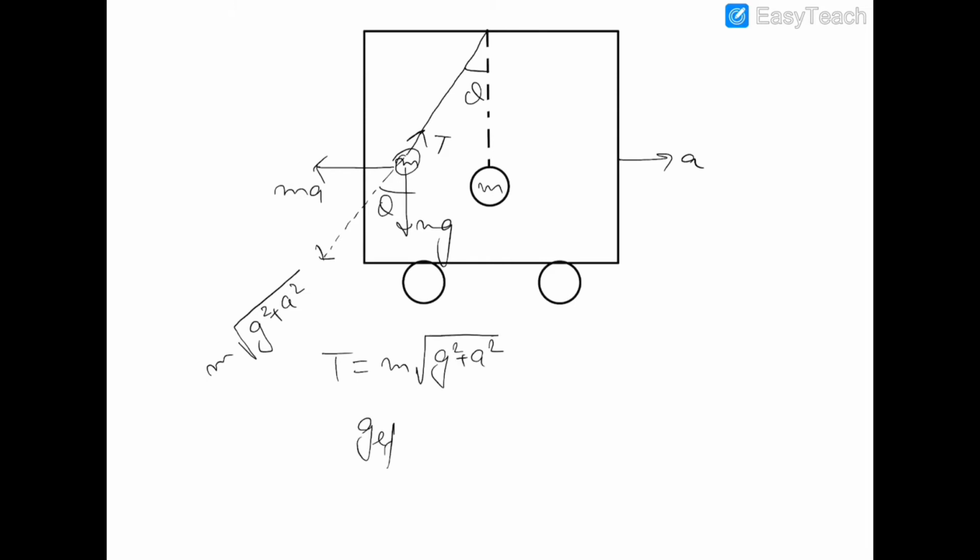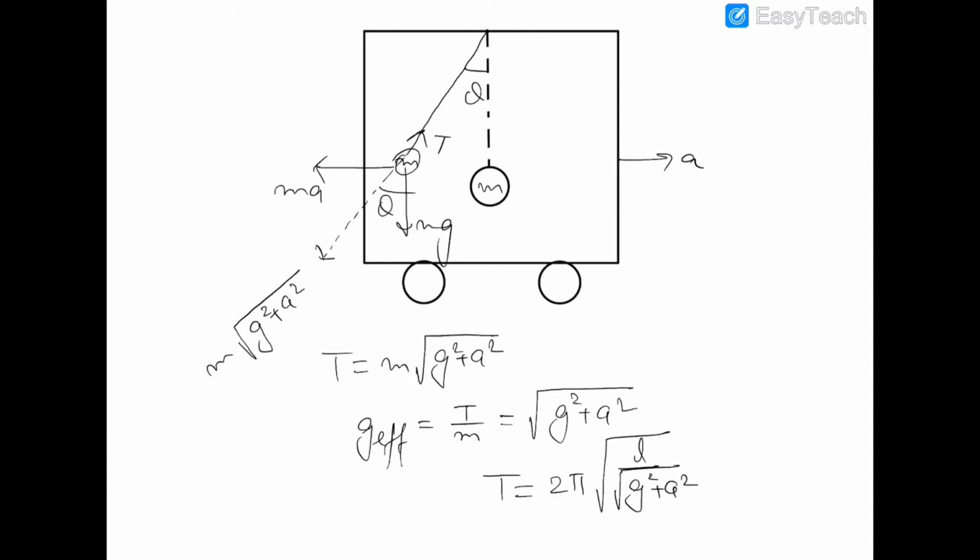And g effective will be equal to T by m, so this is under root of g squared plus a squared. So the time period of this simple pendulum would be 2π under root of L by g effective, which is under root of g squared plus a squared. So this is the time period in this case.